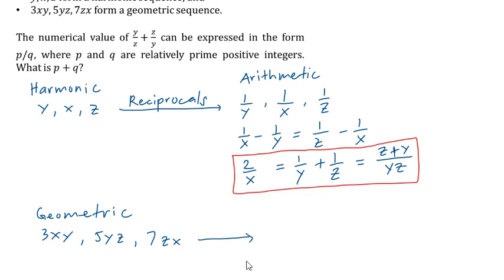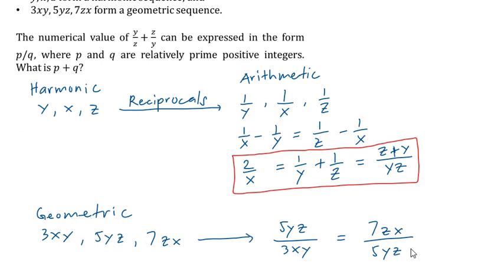Take note, a geometric sequence has a common ratio. In other words, the second term divided by the first term is equal to the third term divided by the second term. So we can create the equation 5yz divided by 3xy equals 7zx divided by 5yz.